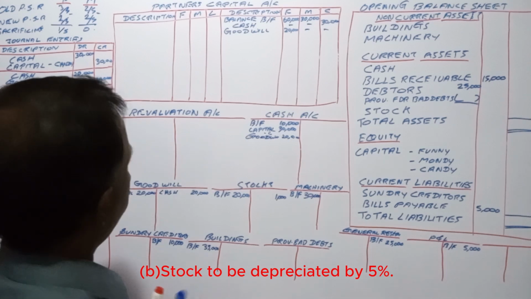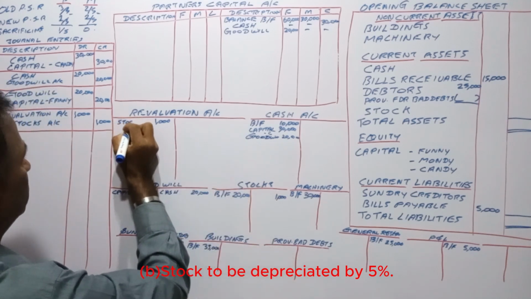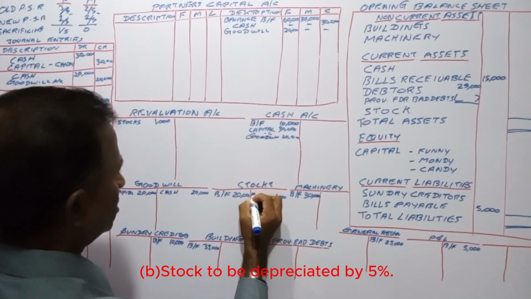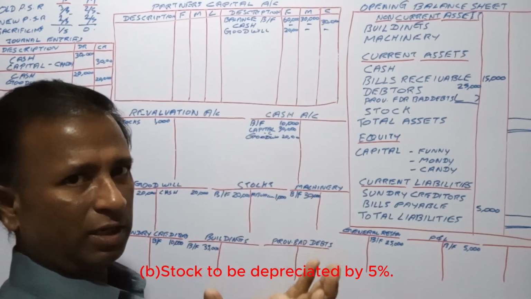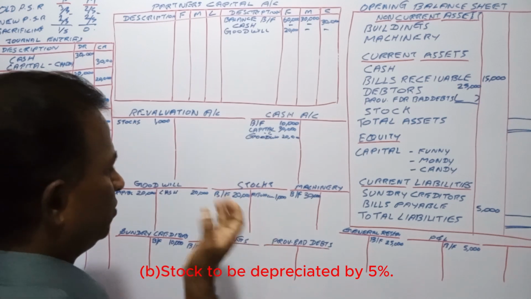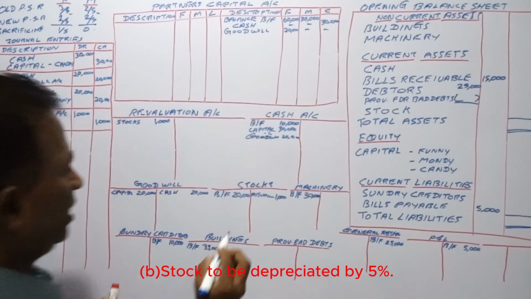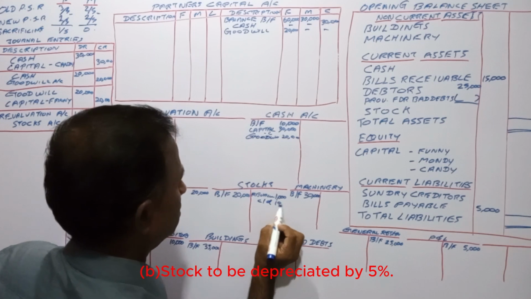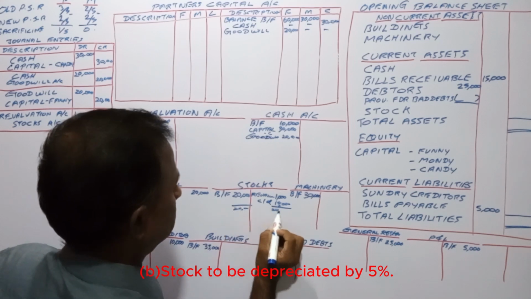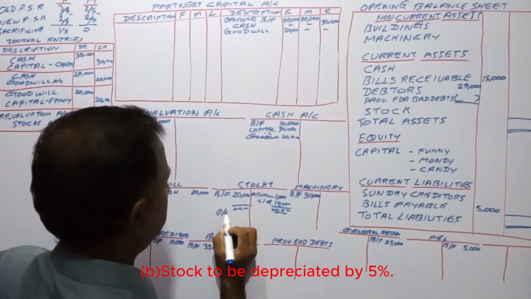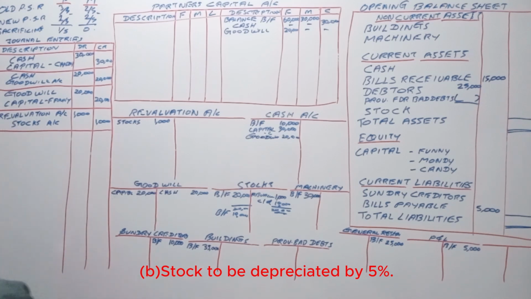The carried down value should be 19,000.